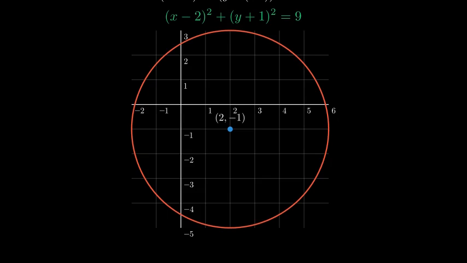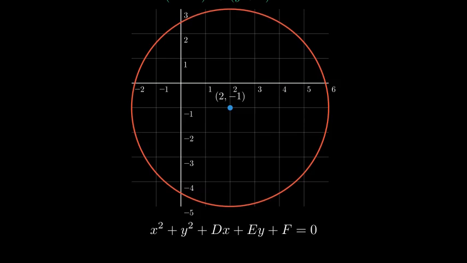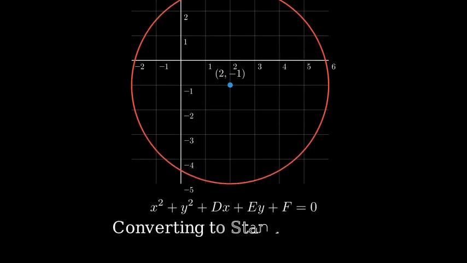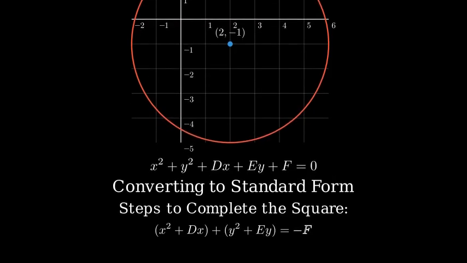Sometimes we encounter circle equations in the general form: x squared plus y squared plus dx plus ey plus f equals 0, where d, e, and f are constants. We can convert this to standard form by completing the square. Let's see the steps for converting. First, we group the x terms and y terms together. Then, we complete the square for each group.